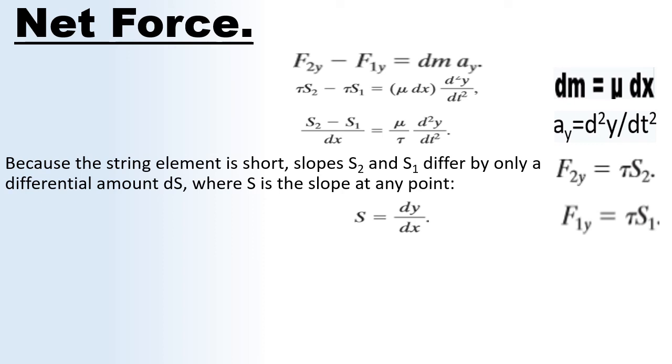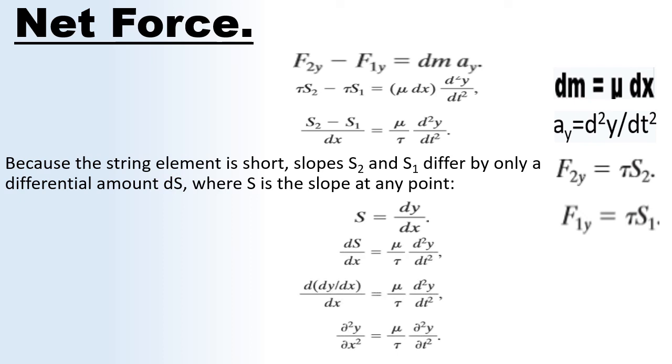Also, we can replace S2 minus S1 with ds, and we get ds by dx equals mu divided by T into d square y by dt square. Also, as we have discussed that s equals dy by dx, putting in the value of s, we get d of dy by dx divided by dx equals mu divided by T into d square y by dt square.